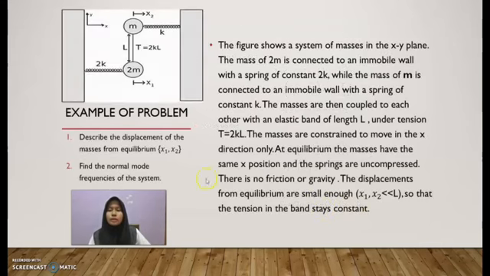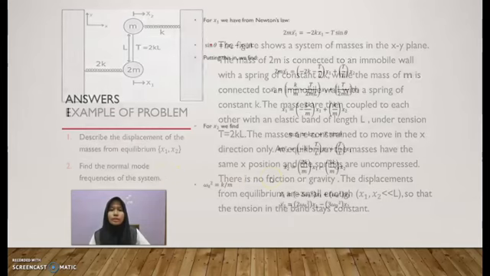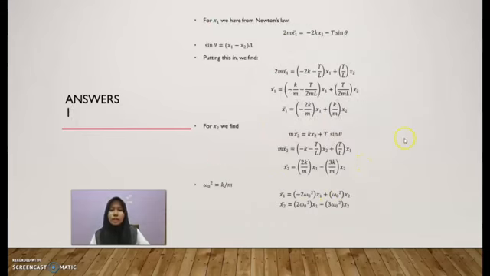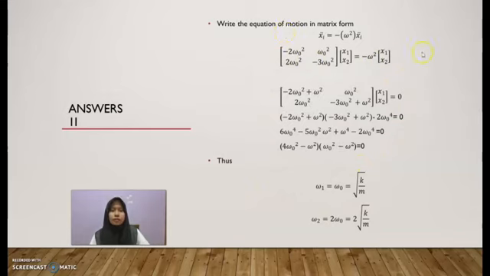The second question is to find the normal mode frequencies of the system. To find them, we have to use the matrix form. So we write the equations of motion that we got before in matrix form, like this, and we solve them.